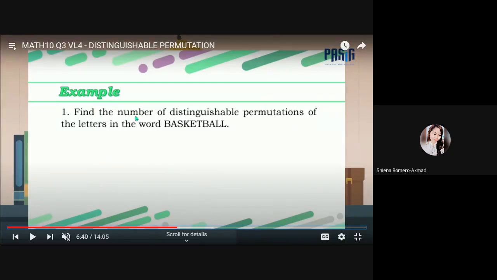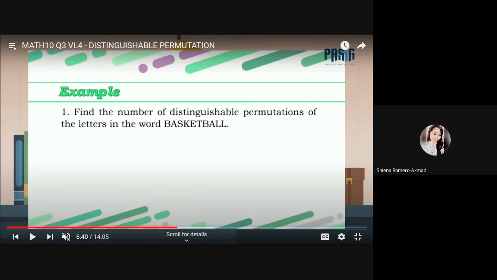You have to find the number of distinguishable permutations of the letters in the word basketball. So, how many letters are in the word basketball? First we need to identify the N, or the number of letters or number of objects.